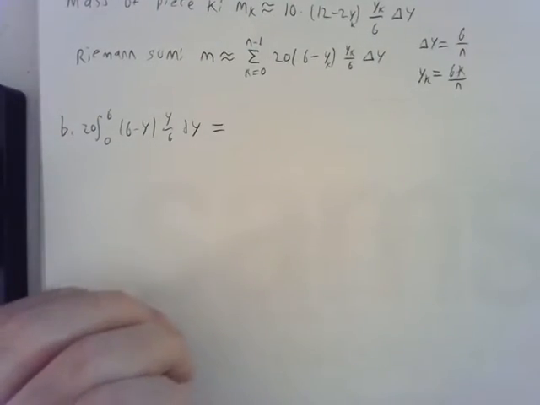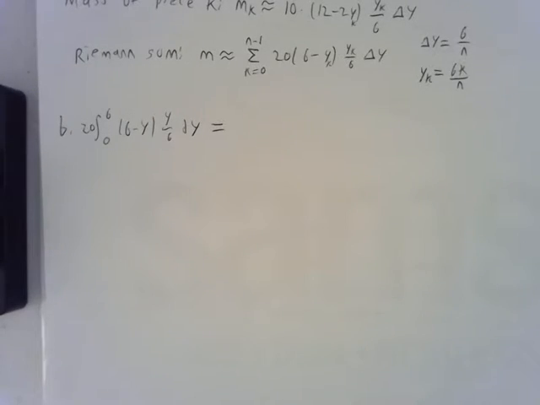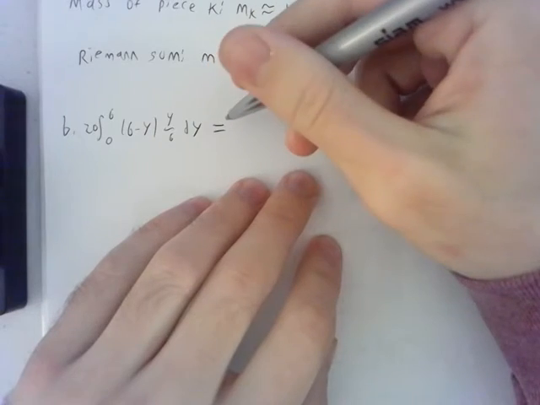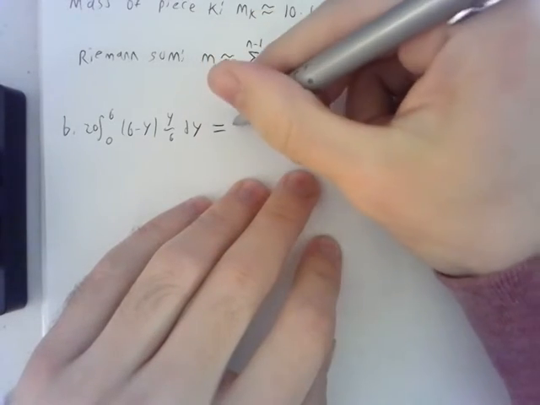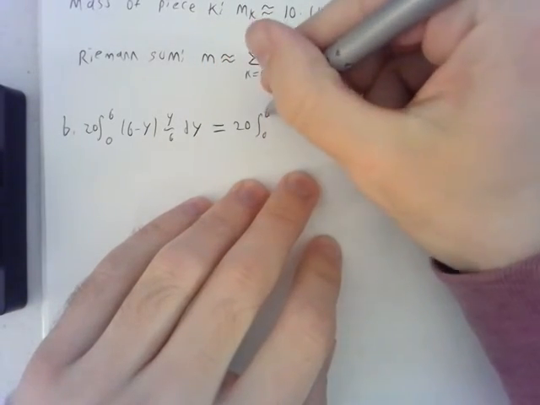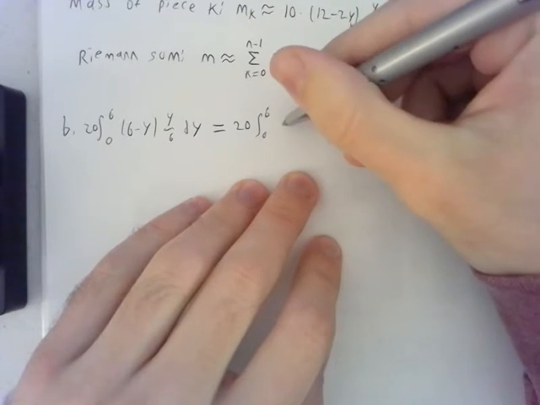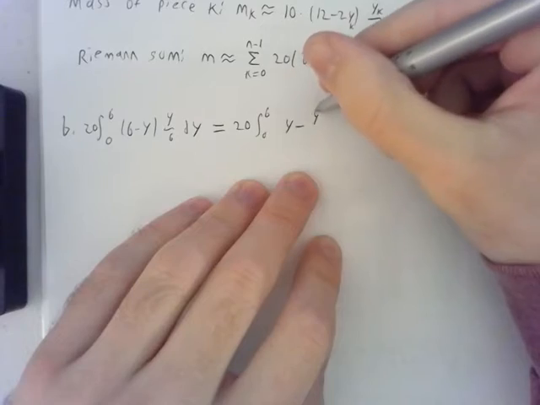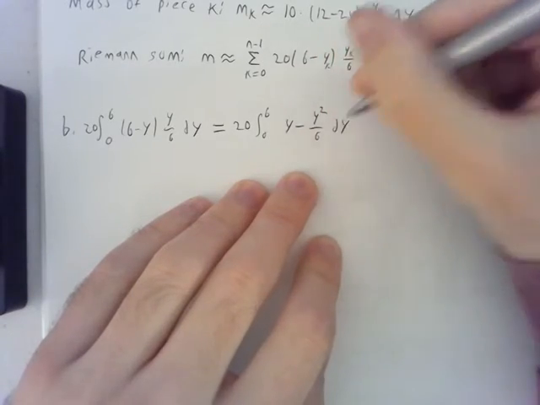For part C, we're asked to actually evaluate this integral. So let's do that. Let's multiply out first. We'll have 20 times the integral from 0 to 6 of y minus y squared over 6 dy.